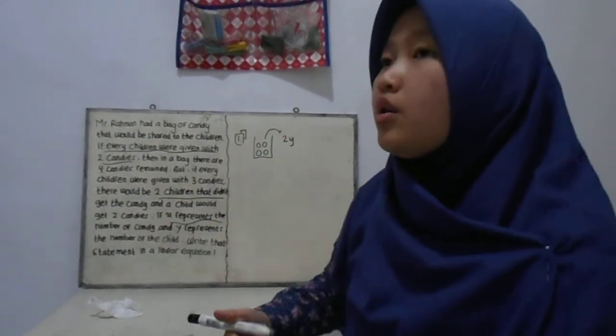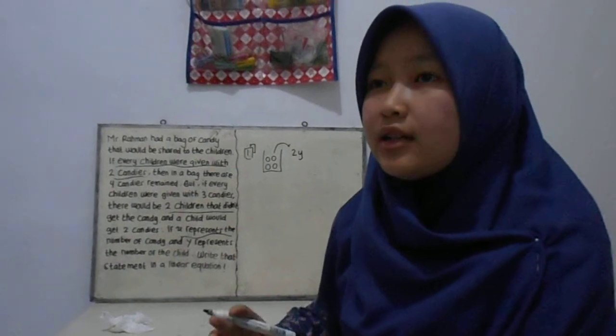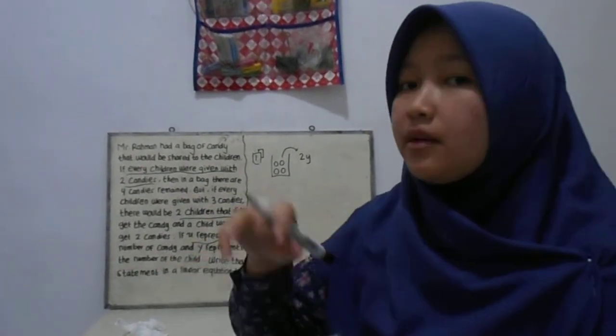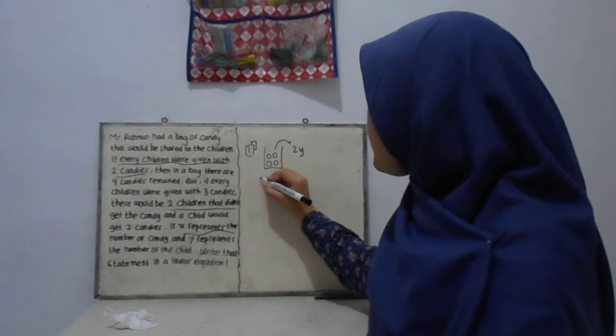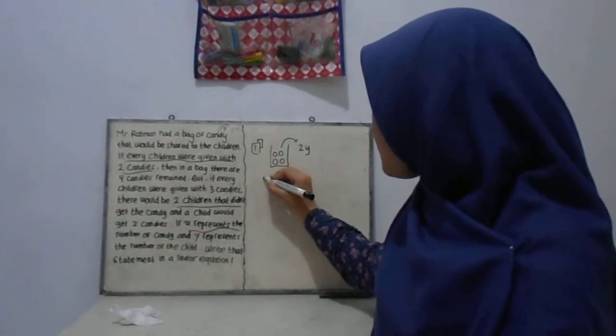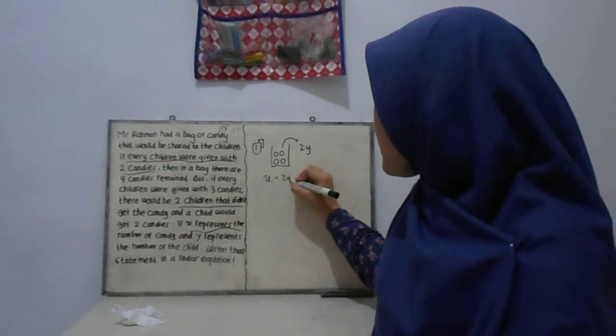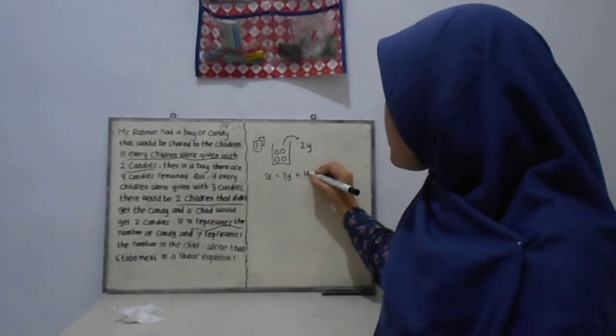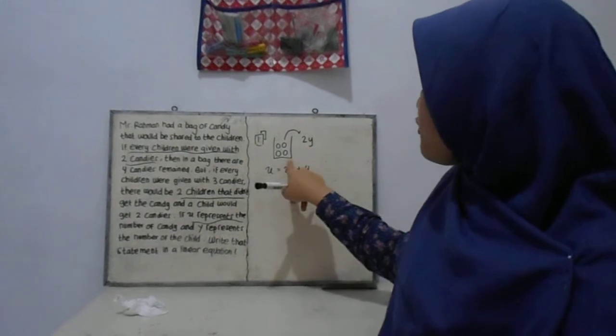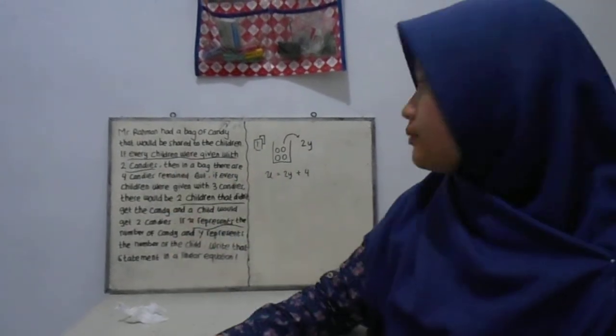We want to know how many candies in a bag, so we can write that statement with X is equal to 2Y plus 4, because 2Y is shared and 4 are remaining.